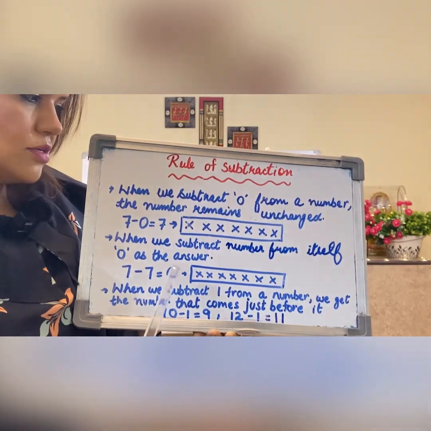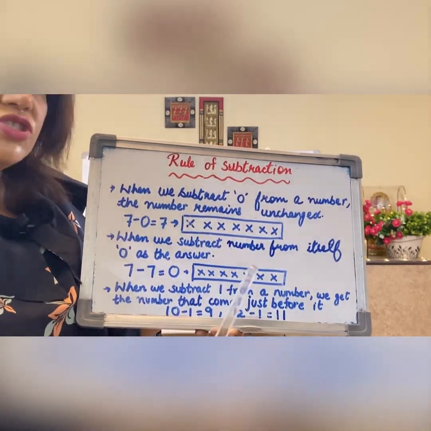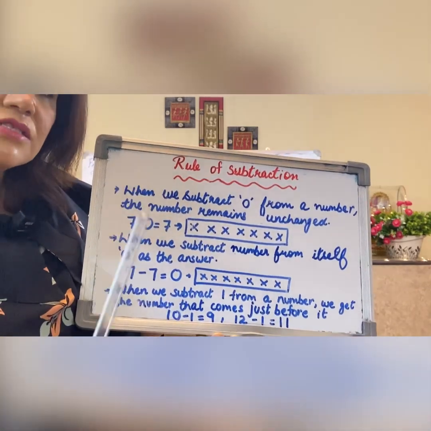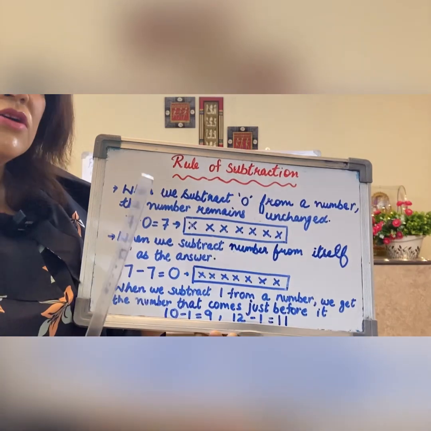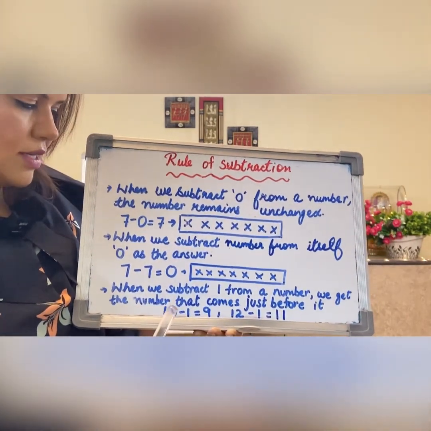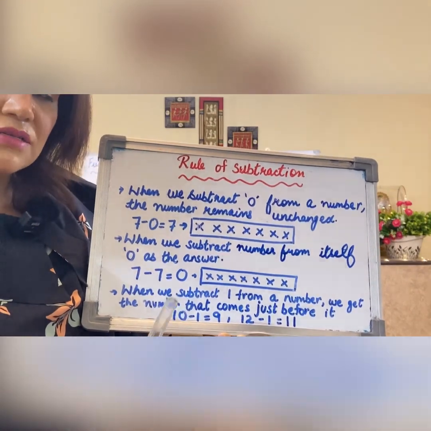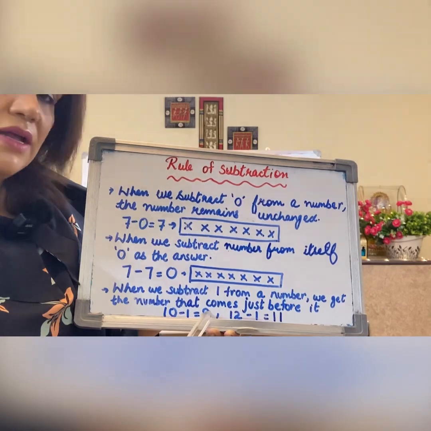When we subtract 1 from a number, we get the number that comes just before, because in subtraction we go backwards. We do reverse counting. So I have to take one step backwards. If I am subtracting 1 from 10, that means I have to take one step backward. What will it be? It will be 9.